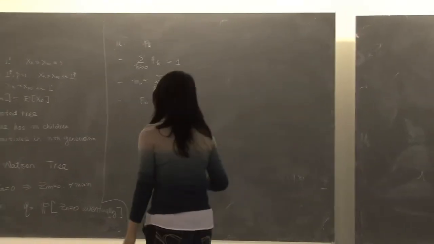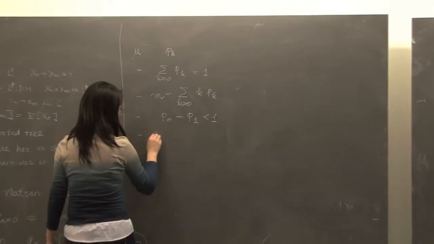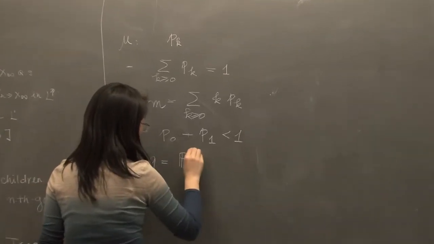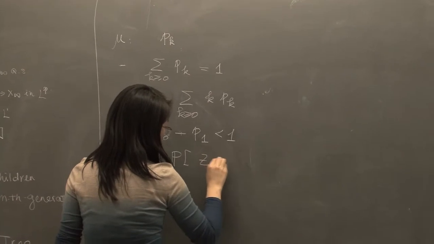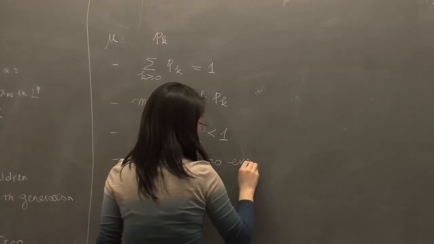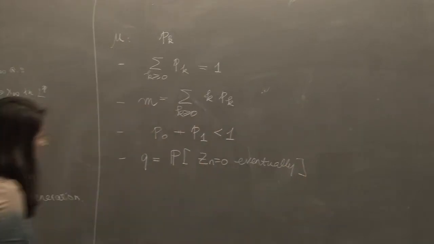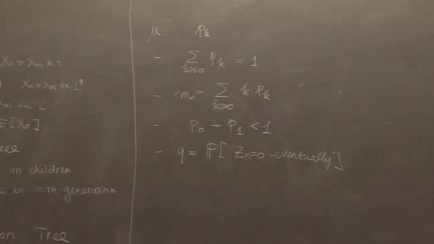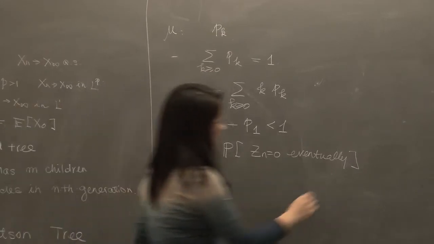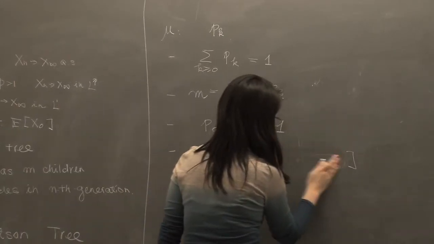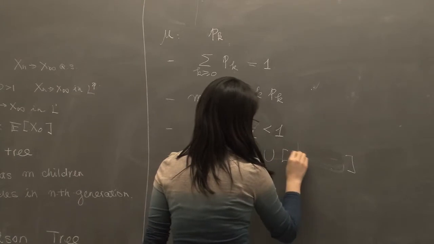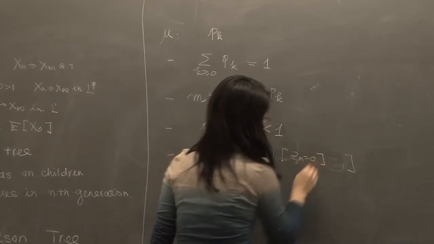And then our extinction probability Q is defined as the probability that Z_n equals 0 eventually. So what do we mean by Z_n equals 0 eventually? In fact, it means that we are calculating the union of all events that Z_n equals 0.